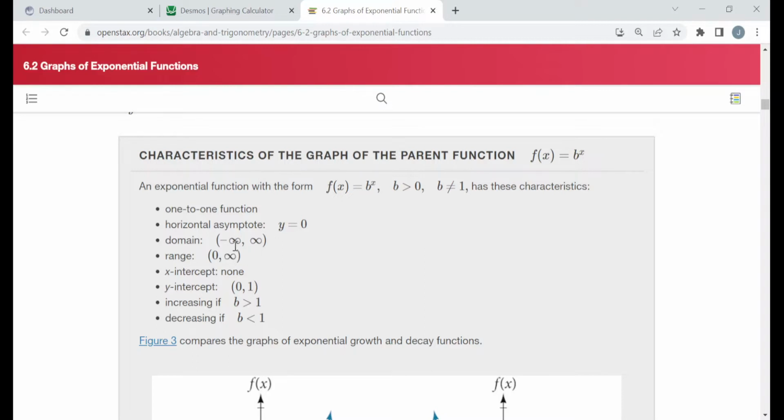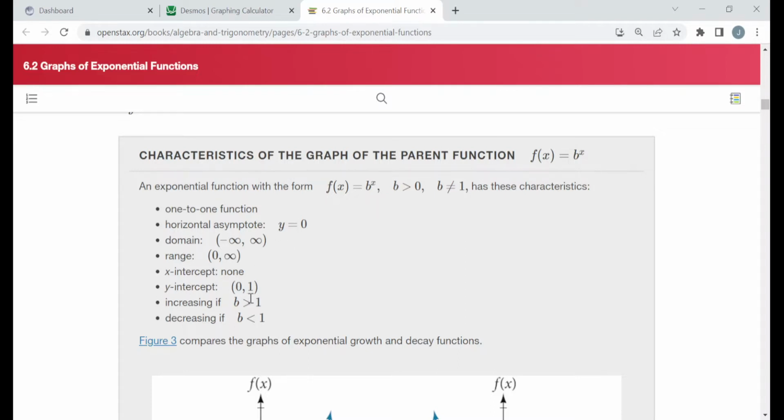The domain is all real numbers. The range is all positive numbers only. No x-intercepts. As I mentioned, the graph is not touching this horizontal asymptote, not touching the x-axis.